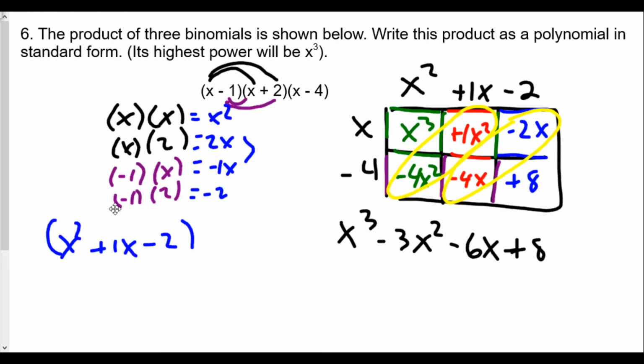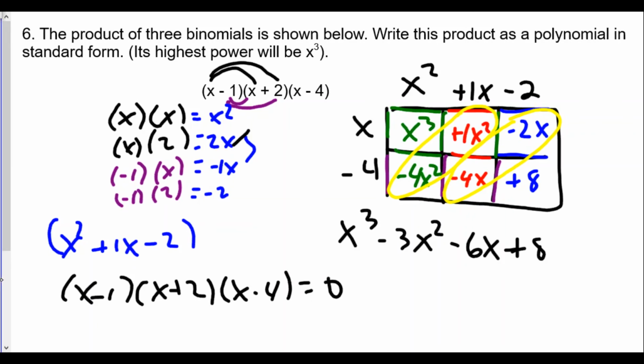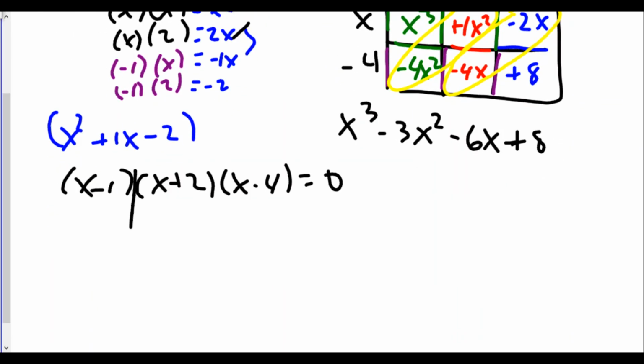The expressions were x minus 1, x plus 2, and x minus 4. If we set x minus 1, x plus 2, and x minus 4 equal to 0, we can set each of these factors equal to 0. Remember we talked about the multiplication property of 0, that anything times 0 is 0.